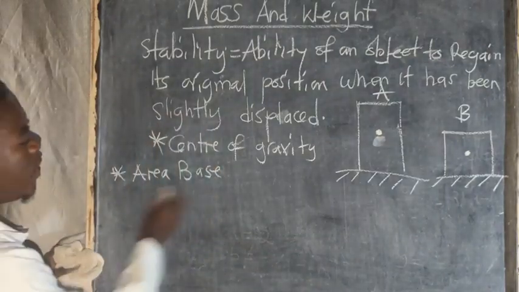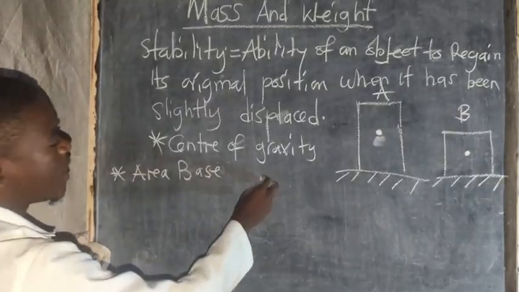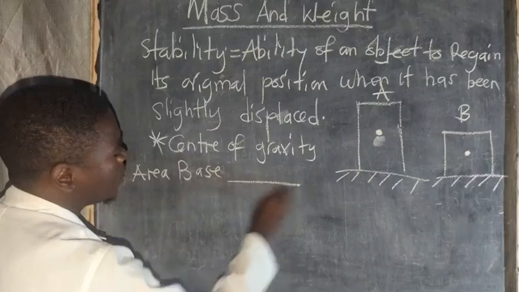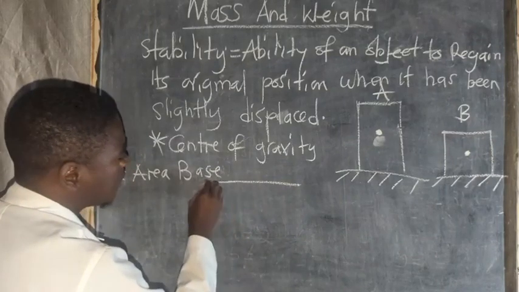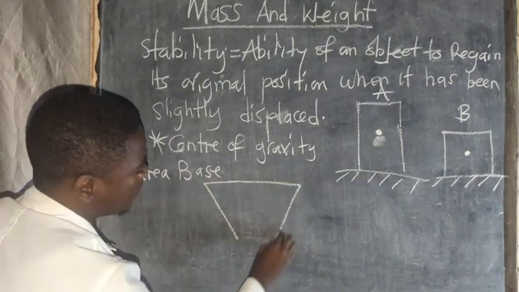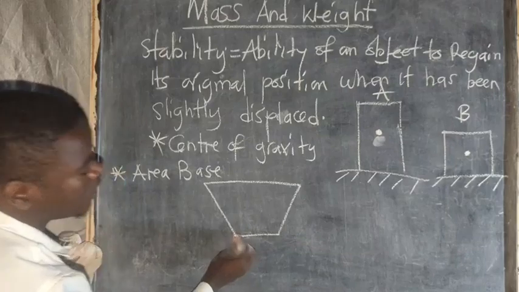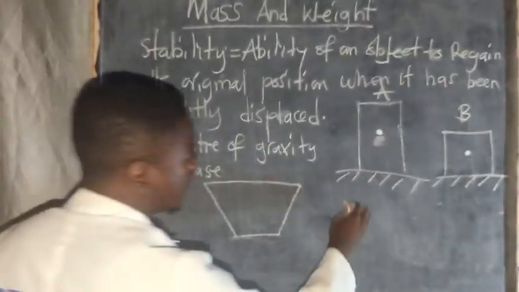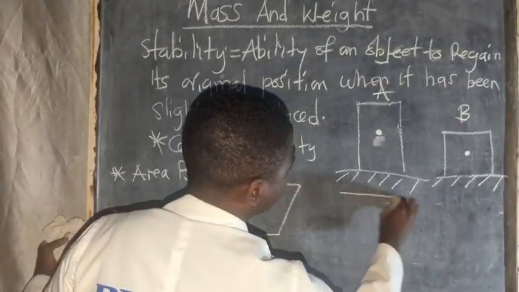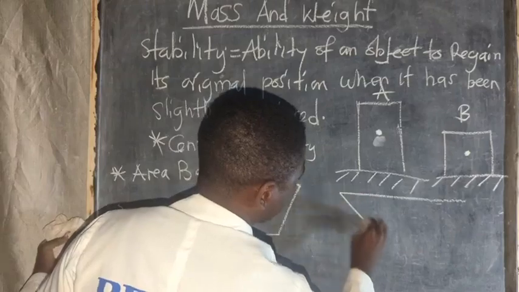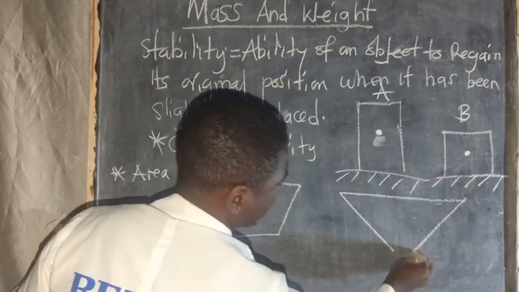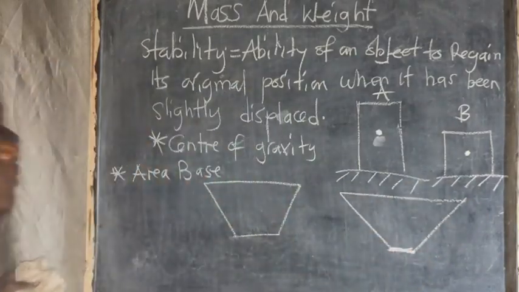But in terms of area base, you discover that you can have something like this, and you are also given something like that. They give you these two things.